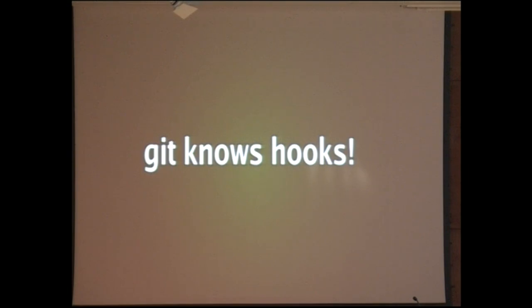There's something like a pre-commit hook that gets executed before the commit is saved to your repository. You can do certain stuff there. There's an update hook, which gets called when a repository is updated on a remote server. And it works actually quite the same as Drupal module hooks.